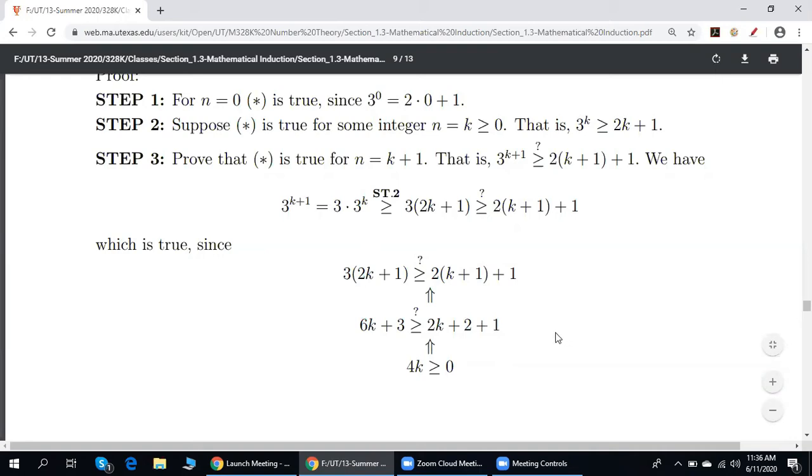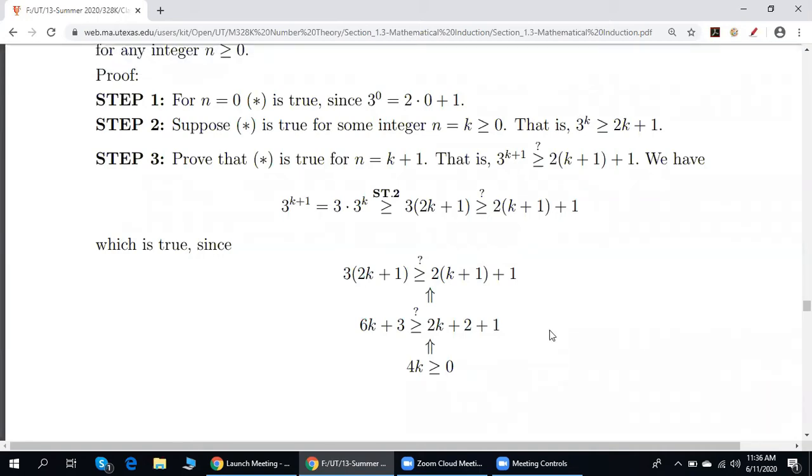Note that if we subtract 3 from the left-hand side and from the right-hand side, this will be gone. Then, if we subtract 2k from the left-hand side and from the right-hand side, on the right-hand side, 2k minus 2k will get 0. On the left-hand side, 6k minus 2k, 4k.